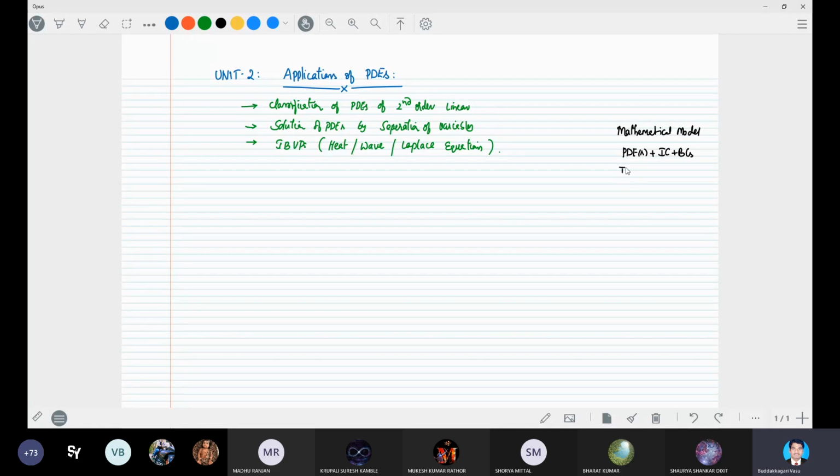So initial value problem means partial differential equation or equations plus initial conditions. Boundary value problem means partial differential equation or ODE, whatever it is, plus boundary conditions. IVBP means PDE plus initial and boundary conditions.